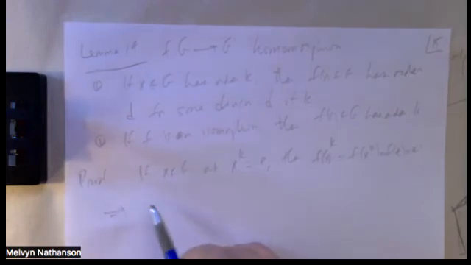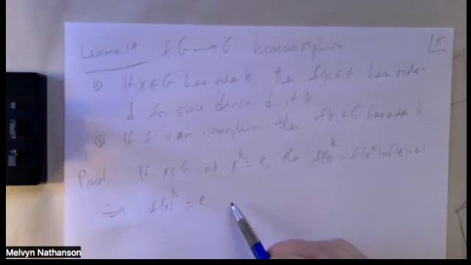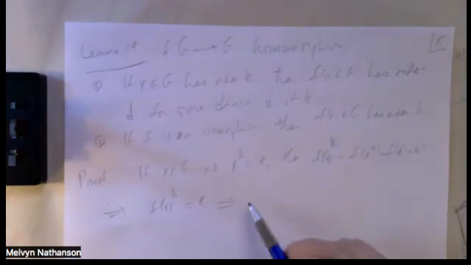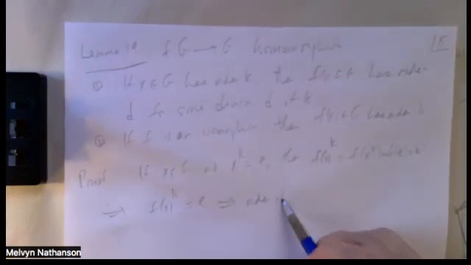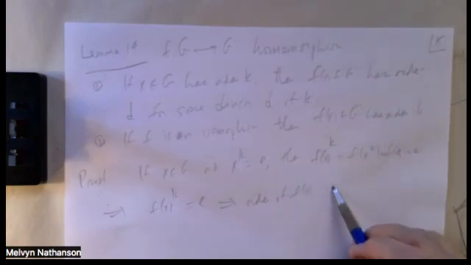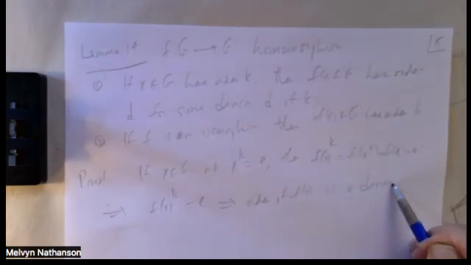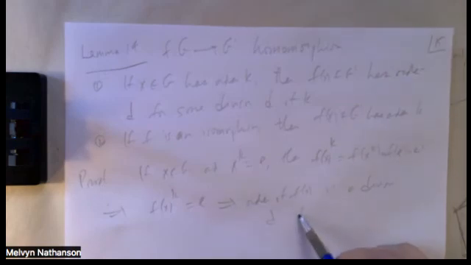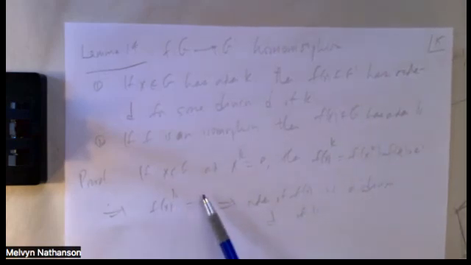This is F of E, which is E prime. So F of X to the K is the identity. And this means that the order of F of X is some divisor D of K, because if an element raised to the kth power is the identity, the order of that element is a divisor of that exponent K.